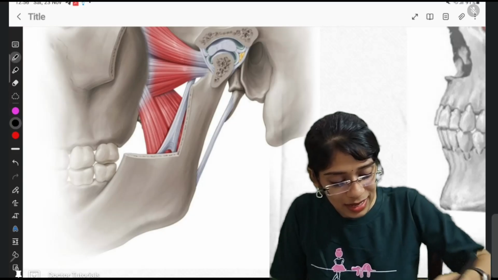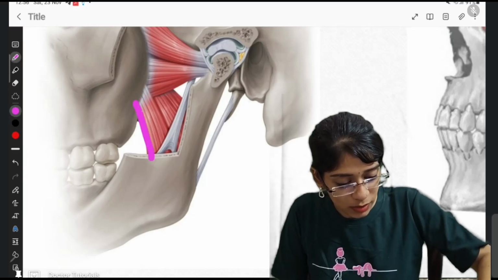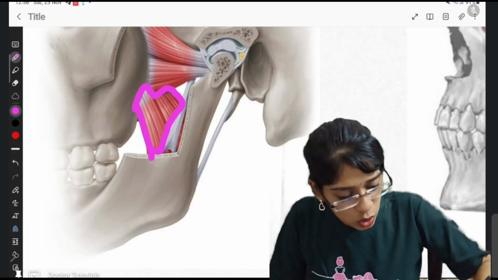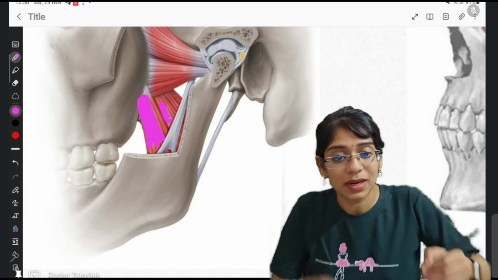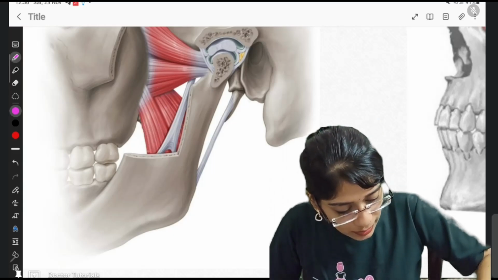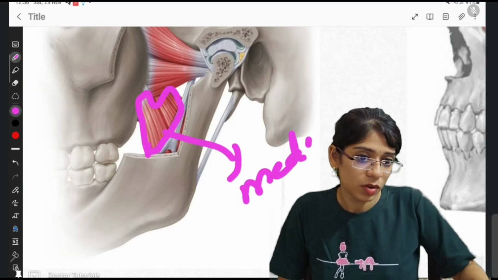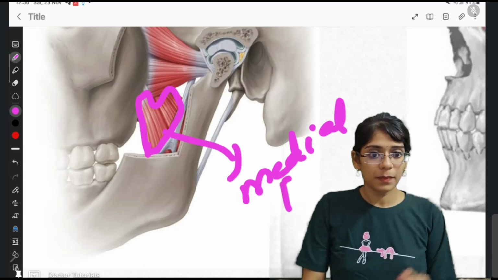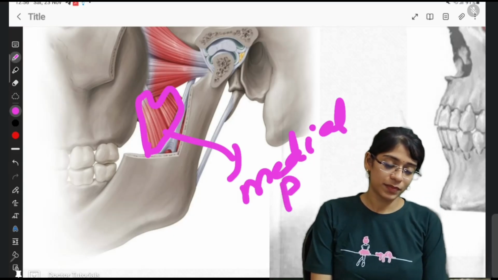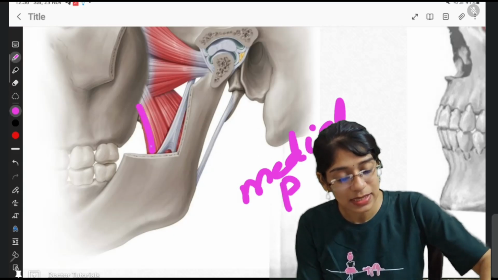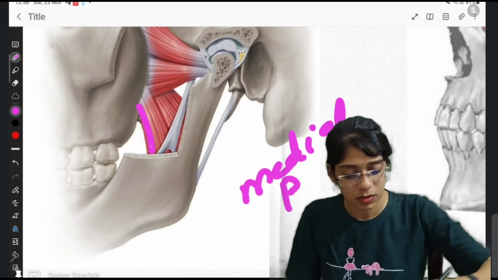Now you can see another muscle, I'll just draw it for you. This also looks like two muscles, but actually this whole thing that I've drawn is your medial pterygoid. What is it, guys? Medial pterygoid. Now medial pterygoid has these superficial muscle fibers. I'll take a different color.